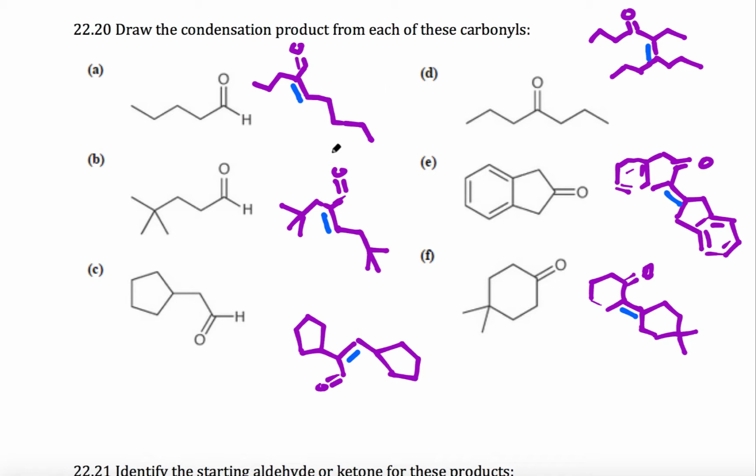And then the other thing is, a common mistake is to lose track of your carbons. So it's probably a good idea just to count: 1, 2, 3, 4, 5, 6, 7, 1, 2, 3, 4, 5, 6, whoopsie, 1, 2, 3, 4, 5, 6, 7, 1, 2, 3, 4, 5, 6. See, I'm missing a carbon right here.